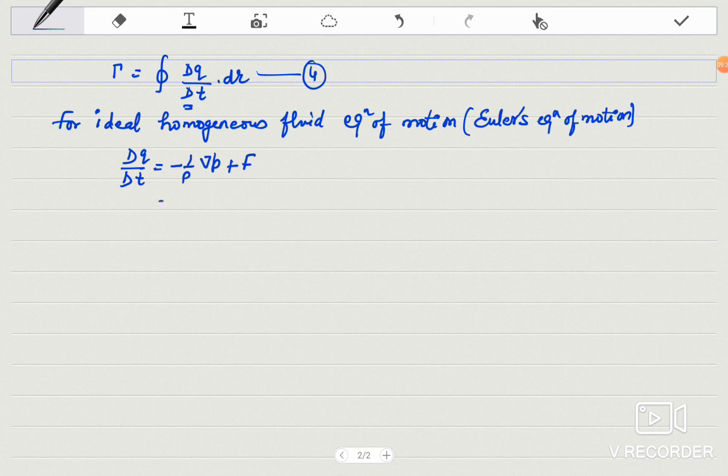I may use the value of f. So this is minus 1 upon rho delta p, minus delta v, as I defined earlier.